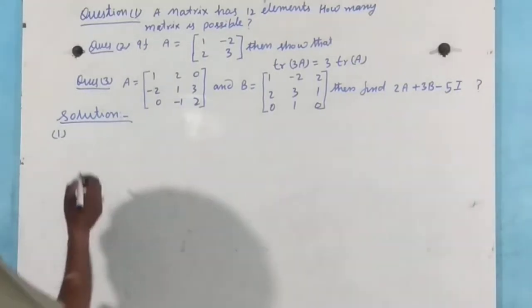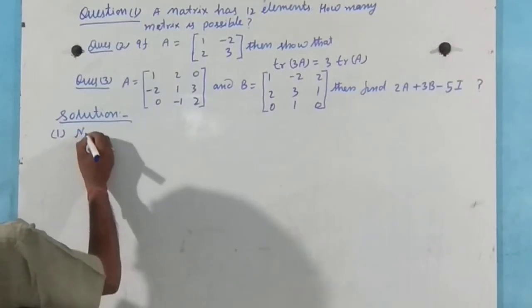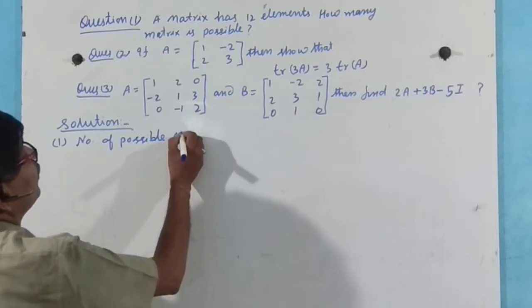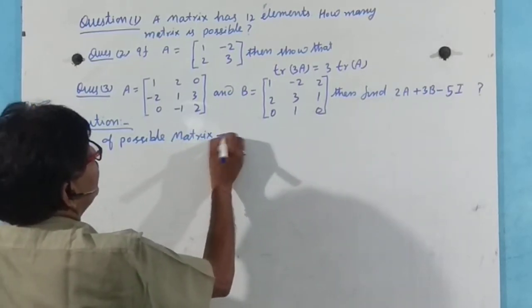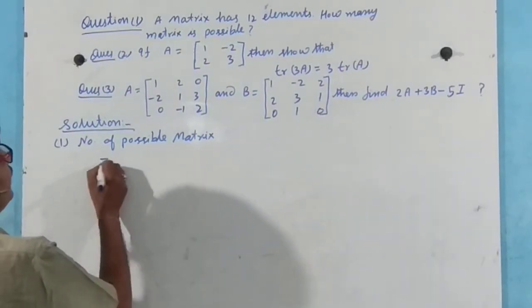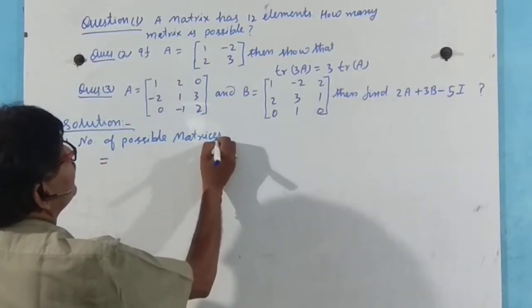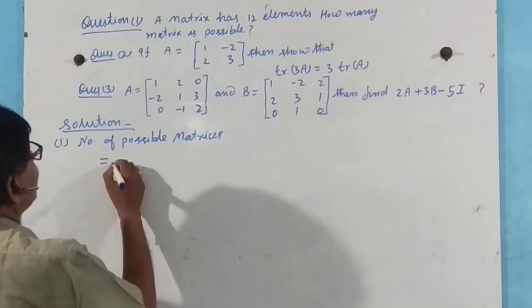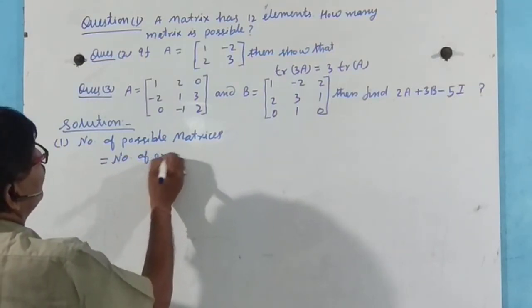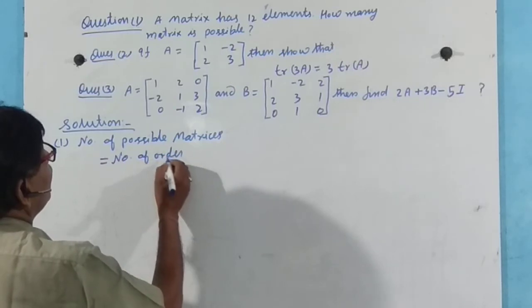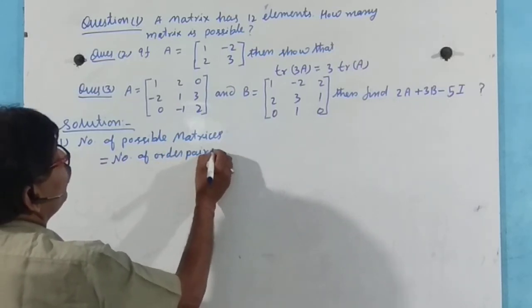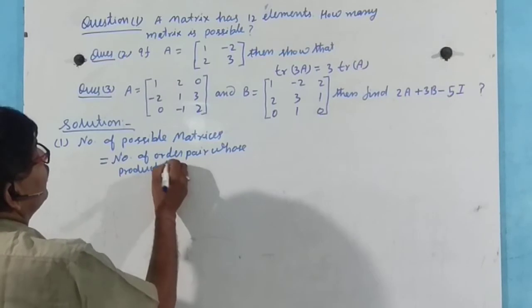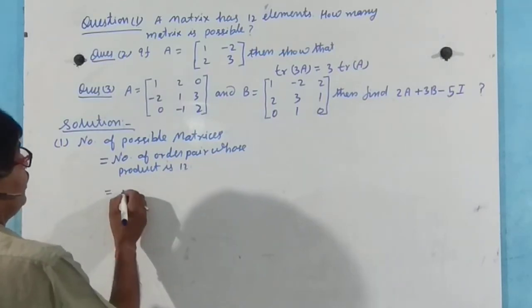It means that the number of possible matrices is equal to the number of ordered pairs whose product is 12.